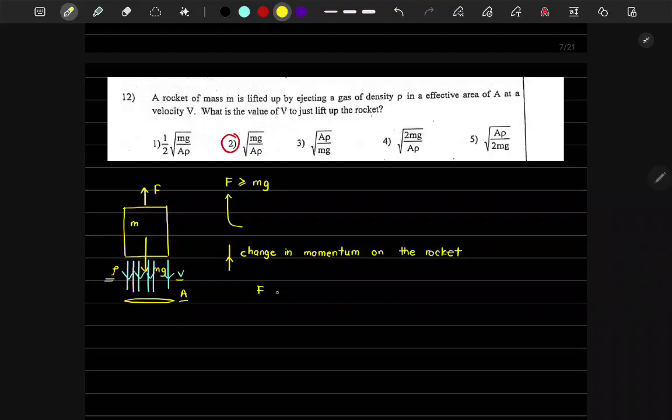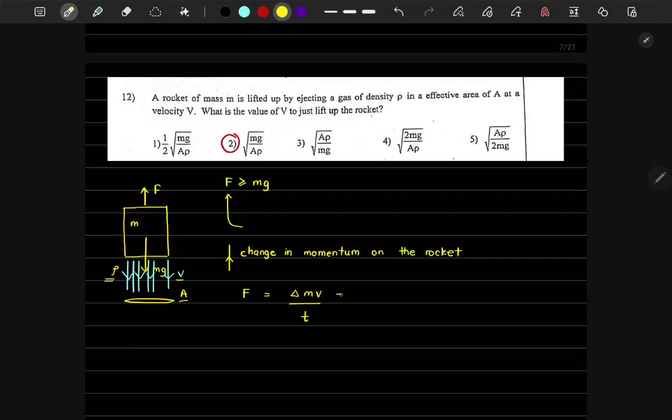This causes the lifting force. So F is equal to the change in momentum of the gas divided by the time it takes for the change in momentum. These two have the same magnitude.